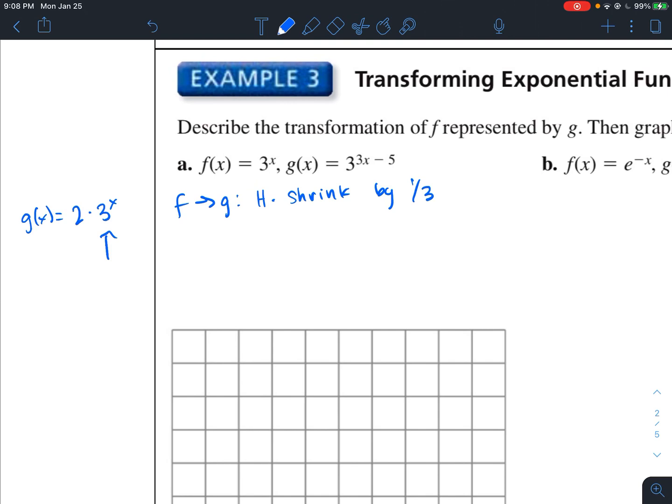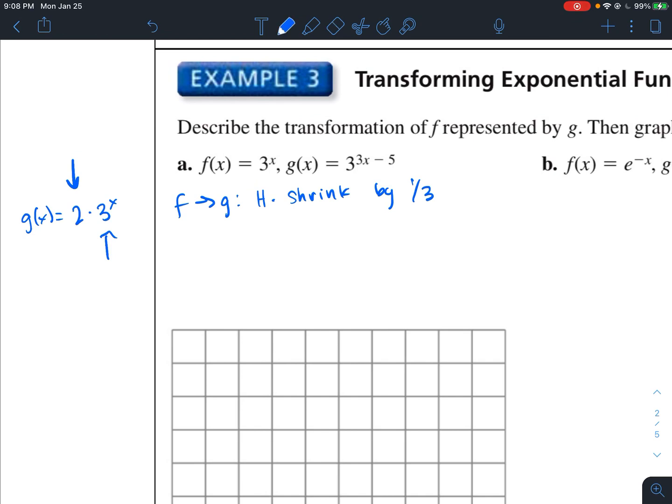But try not to get that confused. This number right here is where we'd get into a vertical stretch or a vertical shrink. Okay. So we know that the horizontal shrink is by a factor of 1/3.